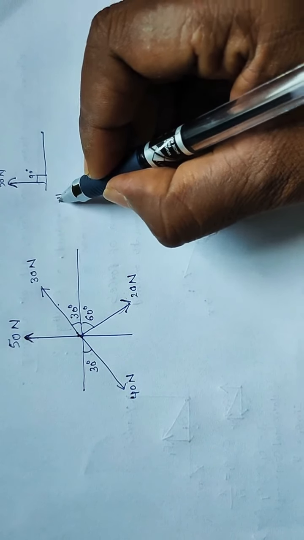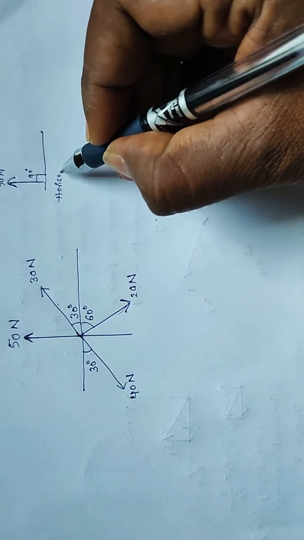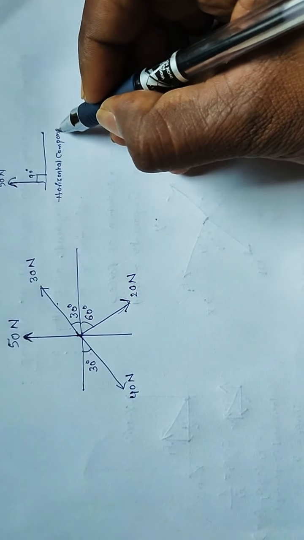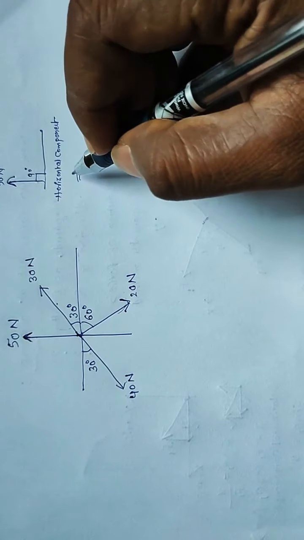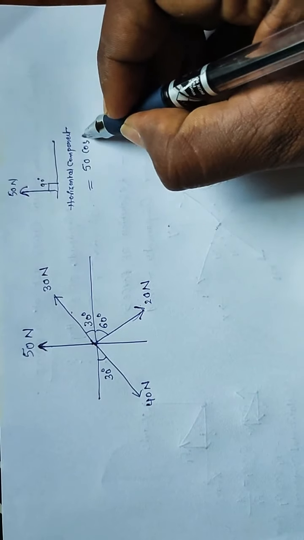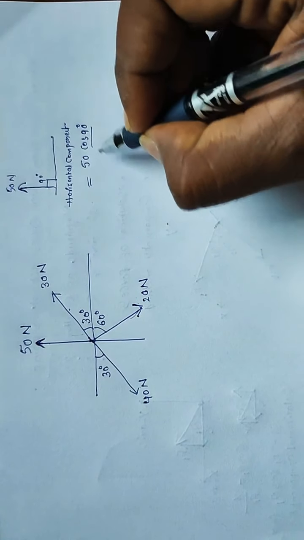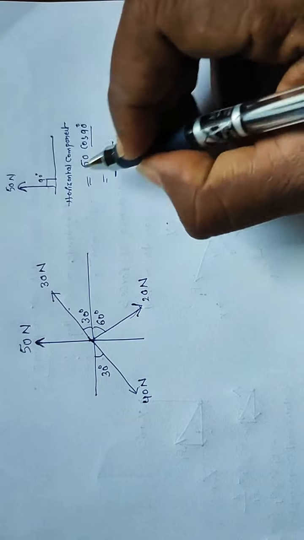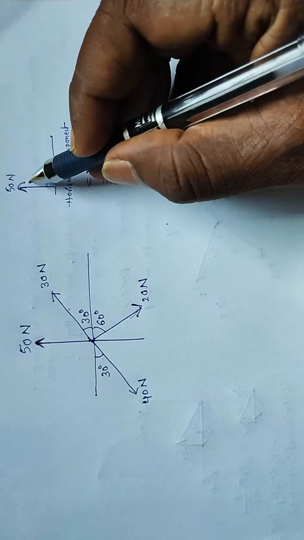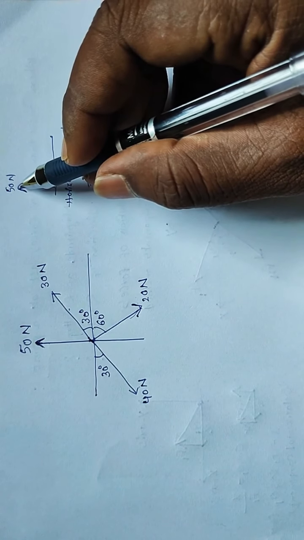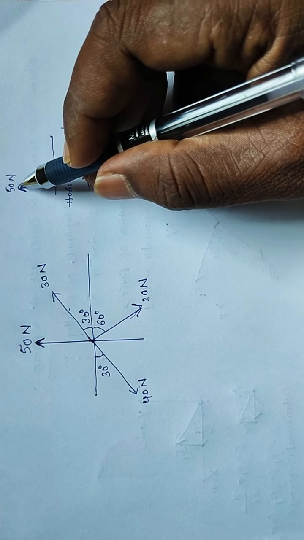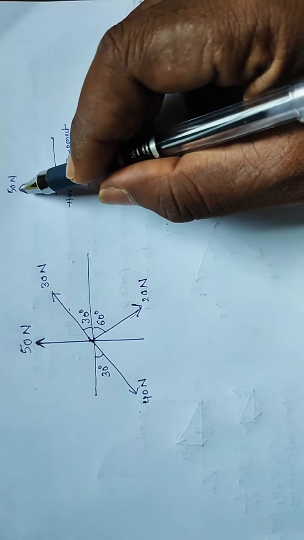What is the horizontal component of this 50 Newton? 50 cos 90. Cos 90 means 0, 0 into 50 is 0. That means no horizontal component. Whatever vertical force has been given, that vertical force doesn't have a horizontal component, only a vertical component.